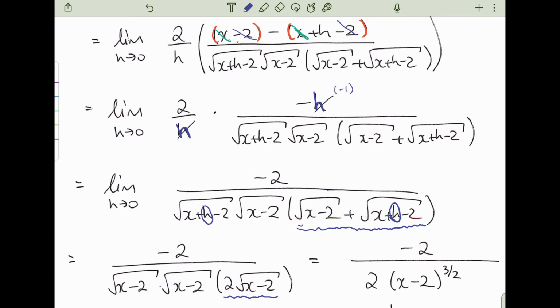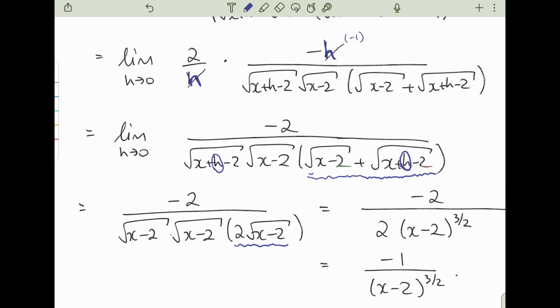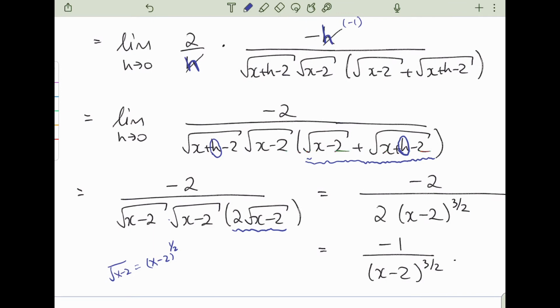Okay, and now we have 3 of this square root multiplying together, right? And the square root can be thought of as 1/2 in the exponent. And we have 3 of them multiplying together.